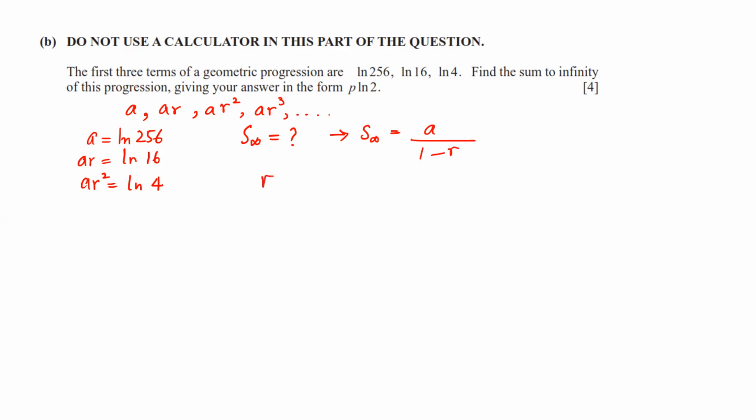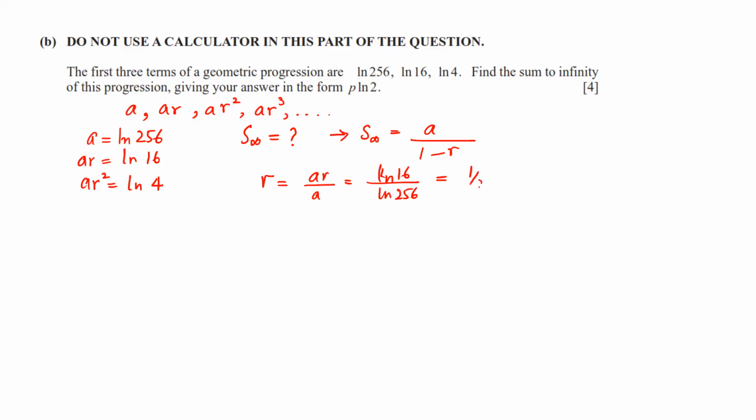So we have to find r, which is equal to ar divided by a. Oh, sorry, I have put the value wrong. This is natural log 16, and this is natural log 256.